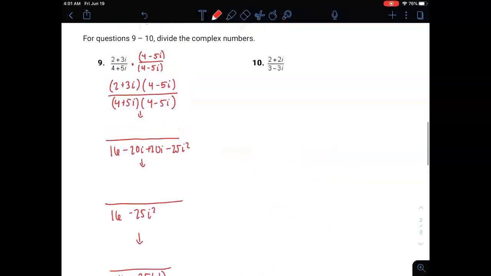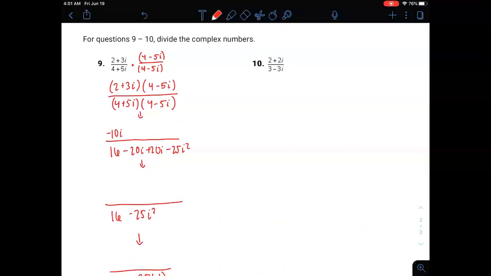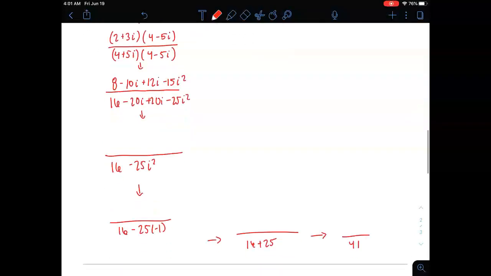All right. Now if we go through the top, we're going to FOIL the top. So 2 times 5i, that gives me negative 10i. Oh, and I messed that one up. Sorry, I should have done the first one first. So 2 times 4 gives me 8 minus 10i plus 12i minus 15i squared.